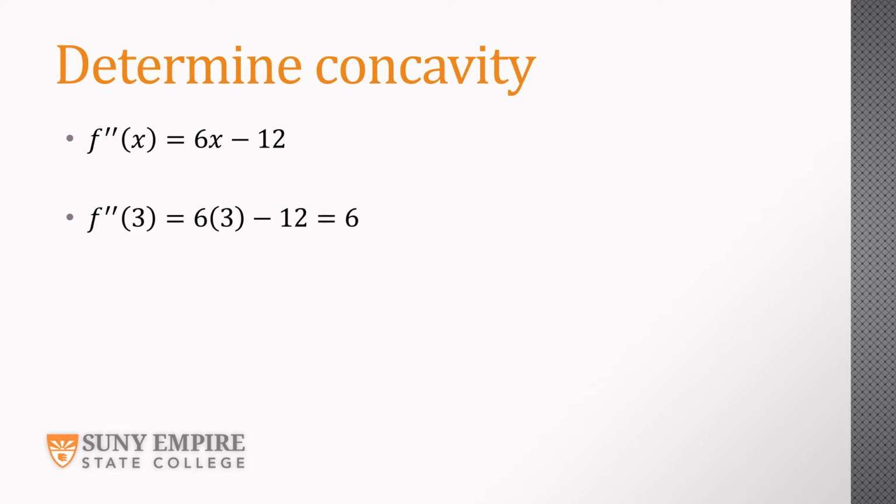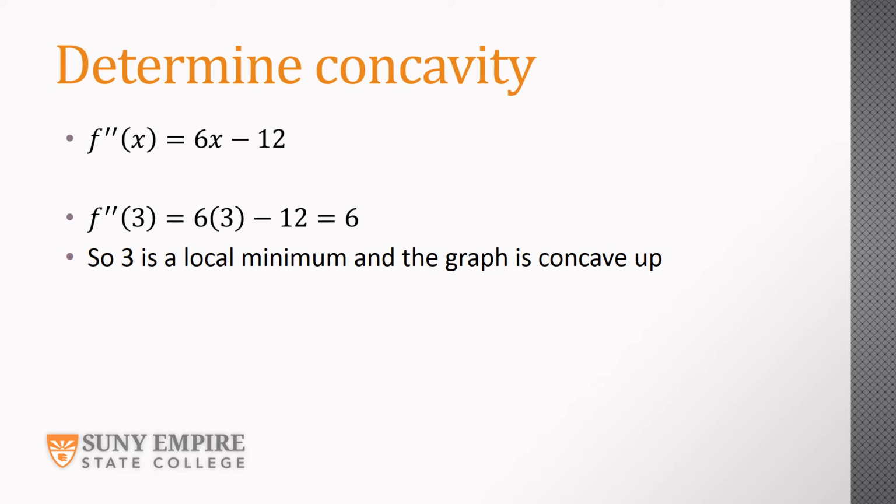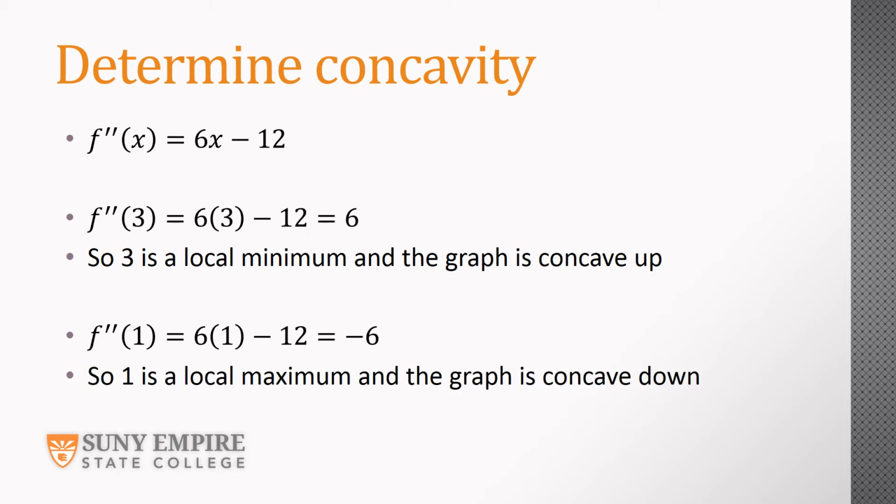When we plug 3 into the second derivative function, we get a value of positive 9. This means that the graph is concave up at 3, and 3 is a local minimum. Plugging 1 into the second derivative function, we get negative 6. The graph at 1 will be concave down, resulting in 1 being a local maximum.